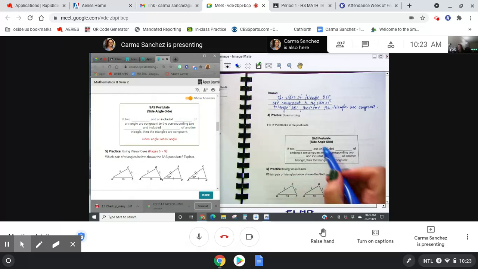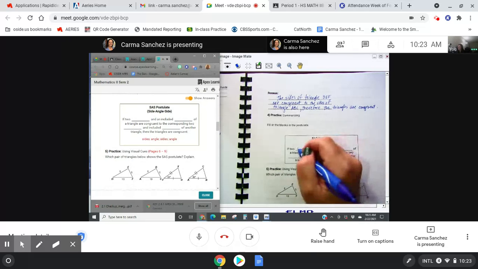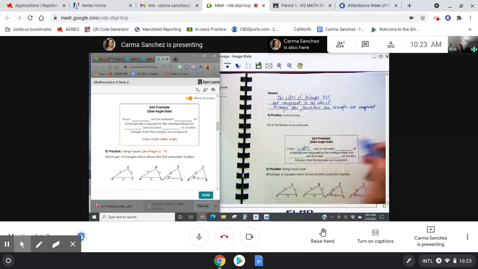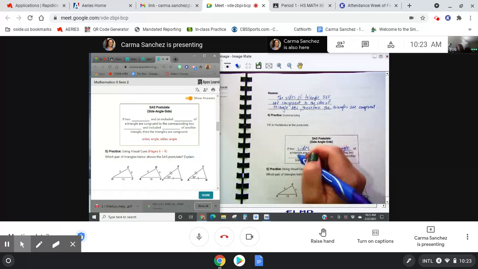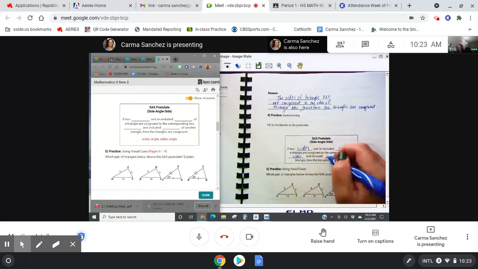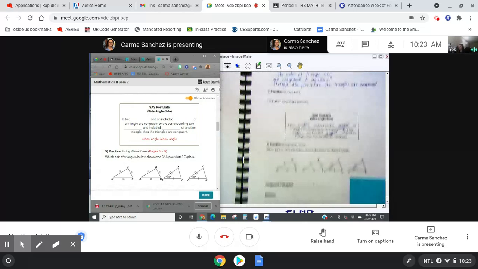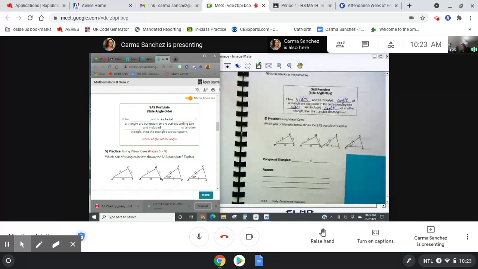If 2 sides and an included angle of a triangle are congruent to the corresponding 2 sides and included angle of another triangle, then the triangles are congruent. Practice visualizing this one.